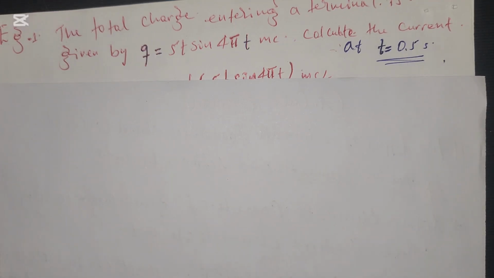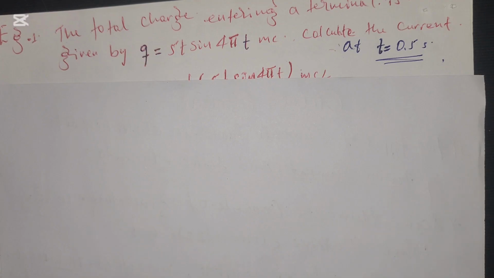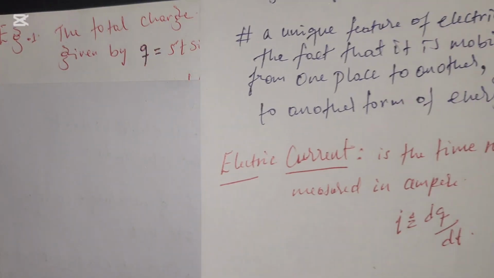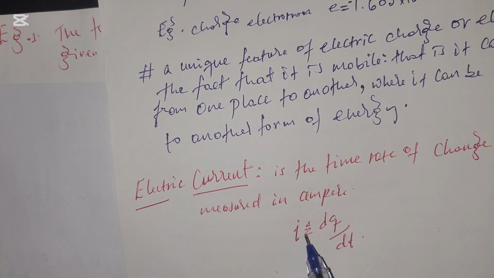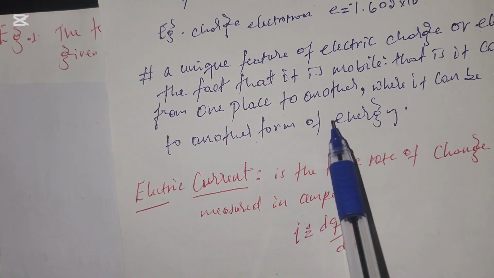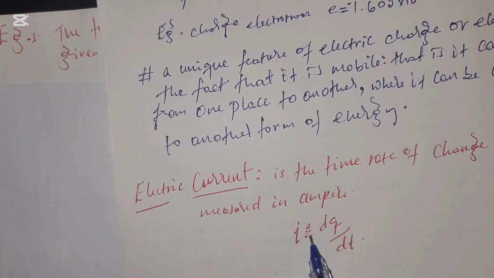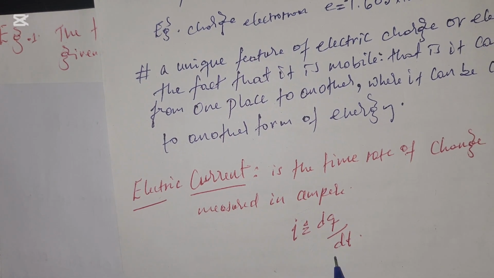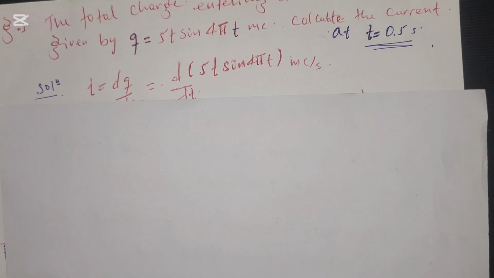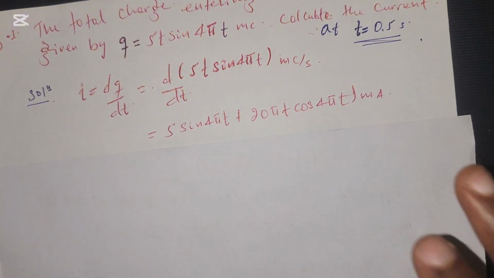In order to solve this problem, we have to know the formula of the current. Previously, we have derived the formula for the current. The current is the time rate of change of charge, the derivative of q of t. So i equals dq over dt.